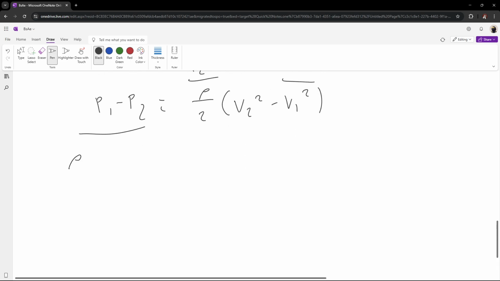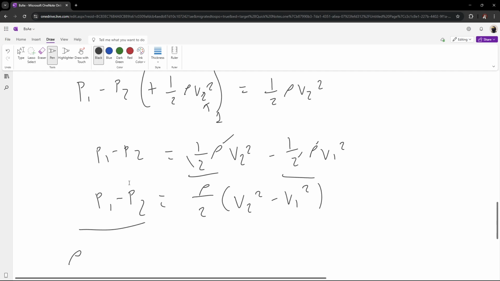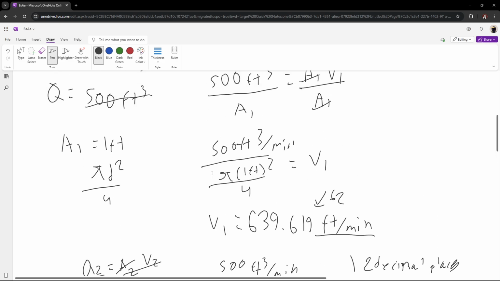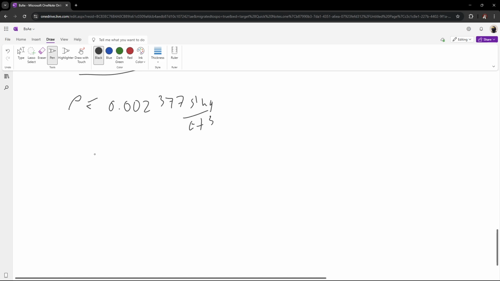Now, since this is an English system, our density will be 0.002377 slug per cubic foot. That's for air. However, this is for water. This is the density of air.